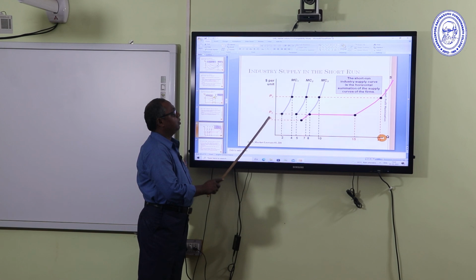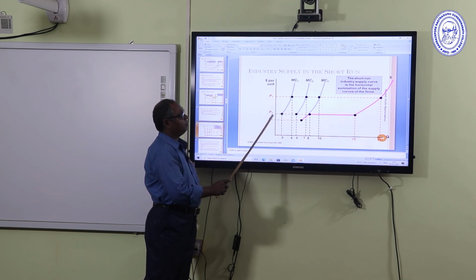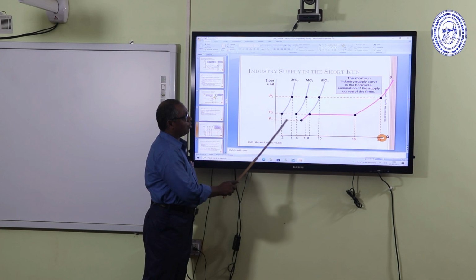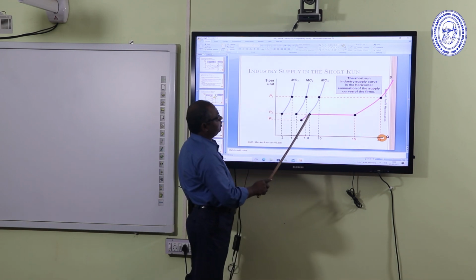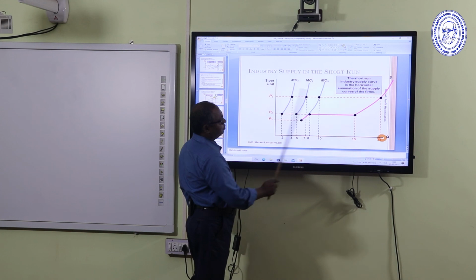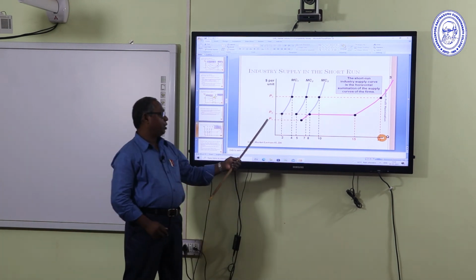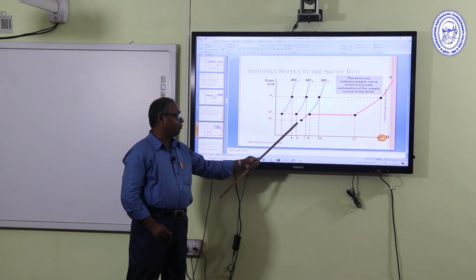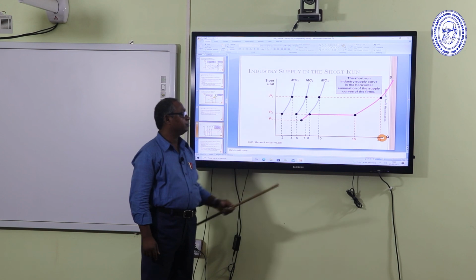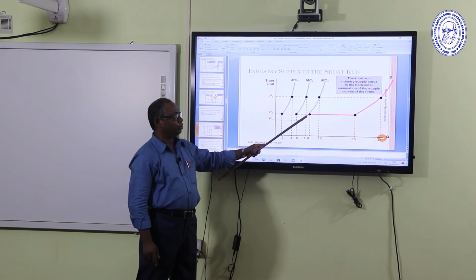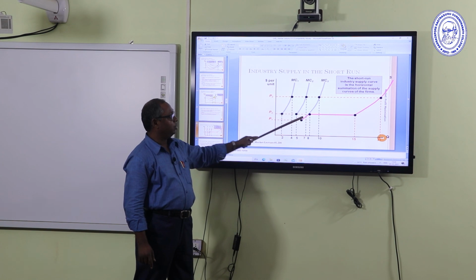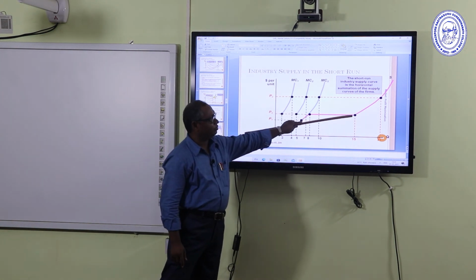If we add all these 3, we get this amount of supply, 15. So at P1 there is only 1 firm that can supply, firm 3. But at P2 all 3 firms are supplying, so the supply amount changes to that.